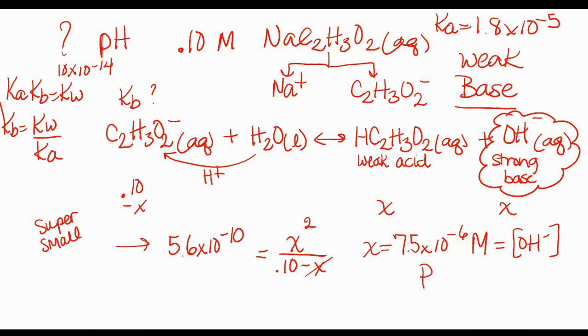Then we'll find pOH. And this is where you really need to speed stuff up and understand that we're just taking the negative log of that number. I get 5.13. Oh, I actually get 5.12 if I use this rounded value. And then to get to pH, we subtract that number from 14.